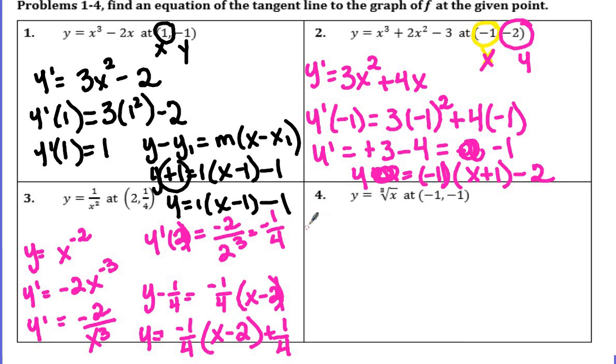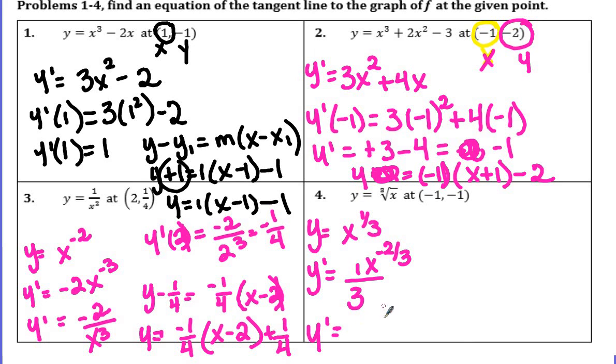Alright, last one. So to take the derivative, I'm just going to rewrite this as x to the 1/3. So when you guys are taking the derivative of this, I have y prime is equal to 1 over 3 times x to the -2/3. And guys, remember that 2/3, if it helps you think about it, it is you're squaring that x and then you're taking the cube root.